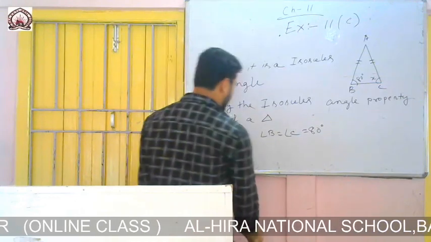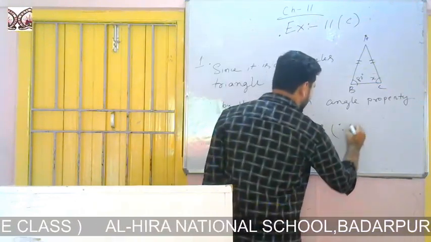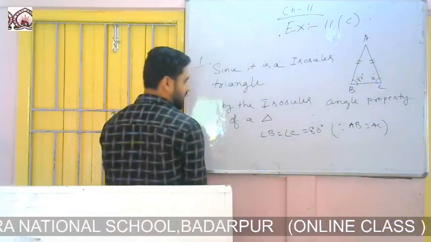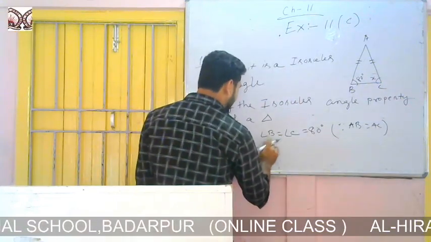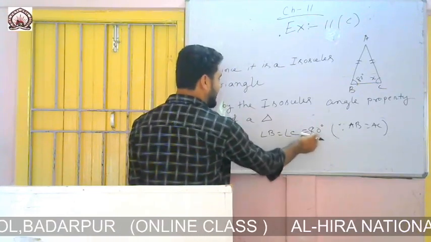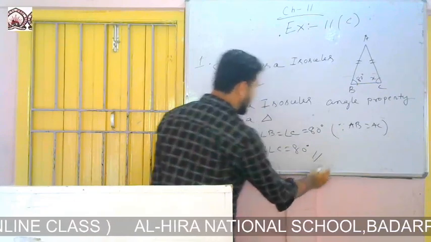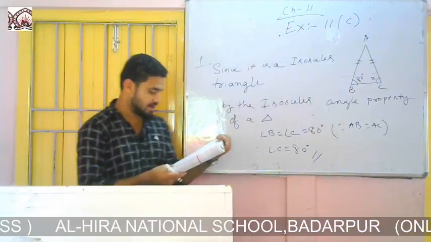Since AB equals AC, if B equals C and B equals 80 degree, obviously C equals 80 degree. So that is the answer.